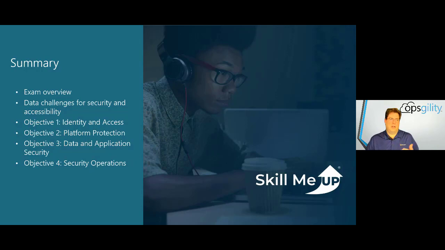At a high level, I recommend that if you have not attended the AZ-500 class, that you do, or visit the AZ-500 learning path on Skill Me Up Academy and review the Microsoft Learn content and do some of the labs in that. But overall, you need to understand these four areas of identity and access, platform protection, data and application security, and security operations if you're going to sit for the AZ-500 exam.